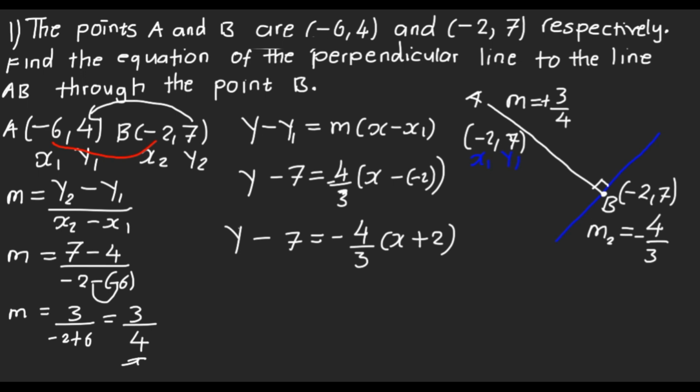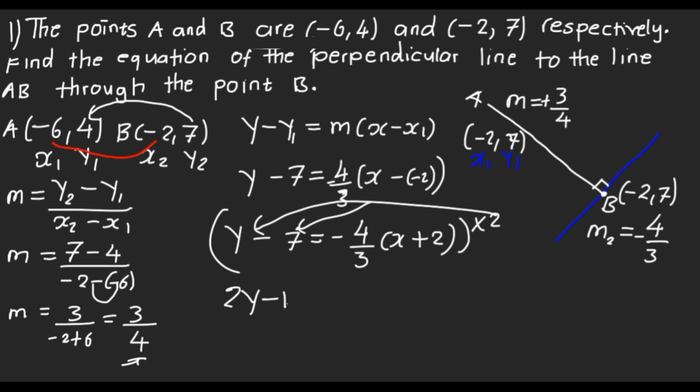Now to get rid of the fraction, I'm going to multiply everything by 2. So number 1, 2 times y is 2y. Number 2, 2 times negative 7 is negative, this should not be by 2. So I'm going to multiply by the denominator of our gradient, so 3. So 3 times y is 3y.